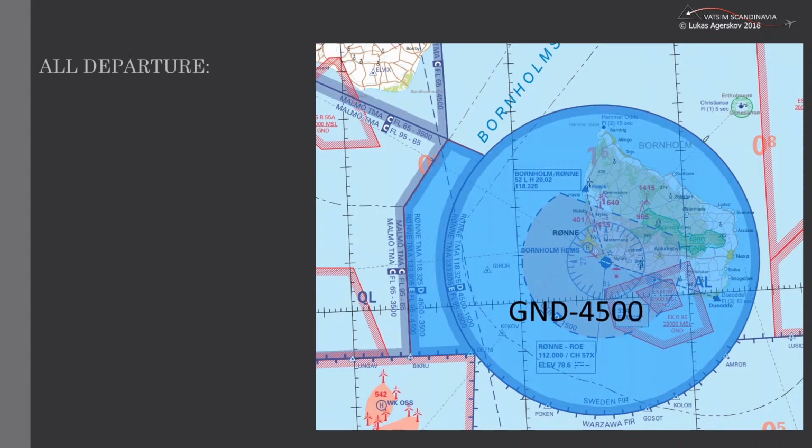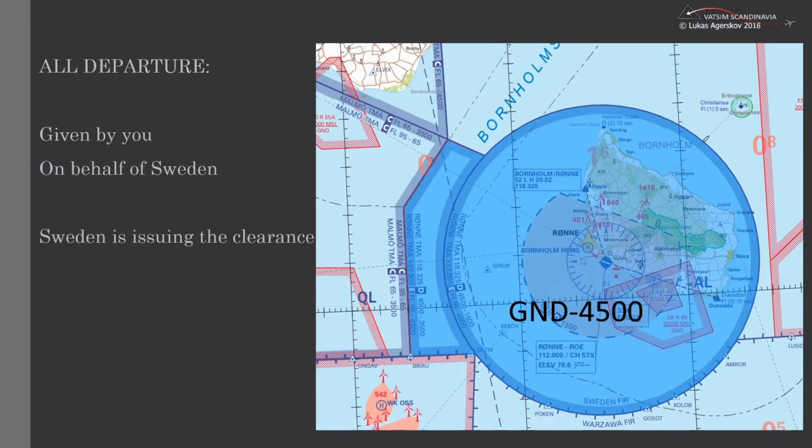Concerning all departures, they are given by you as Copenhagen Control, because you control the area around Rønne, but it is given on behalf of Sweden, who are issuing the clearance. So Sweden is telling you what clearance to give, and you will give it to the aircraft, and everything must always be coordinated: runway, routings and altitudes.